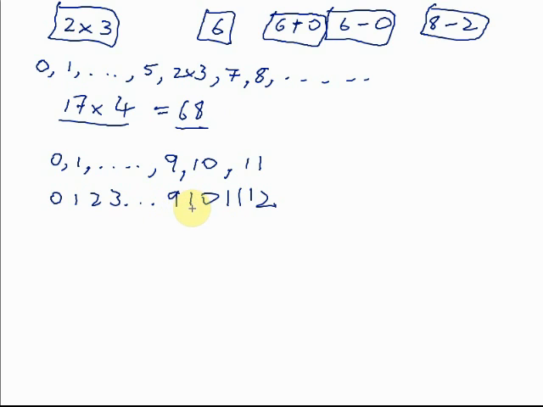It might look like 9, 1, 0, 1, 1, 1, 2. So I put commas in, to show that those two digits, the 1 and the 0, go together, and so do those two, and so do those two. That's why I put commas in there, just to make it easier.